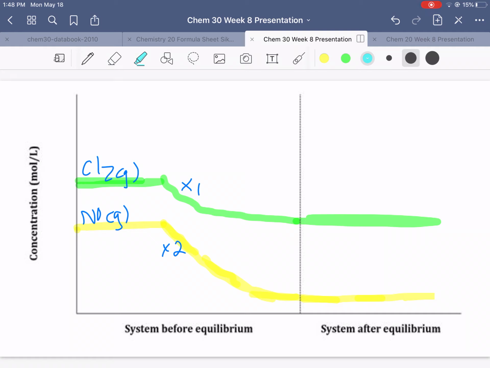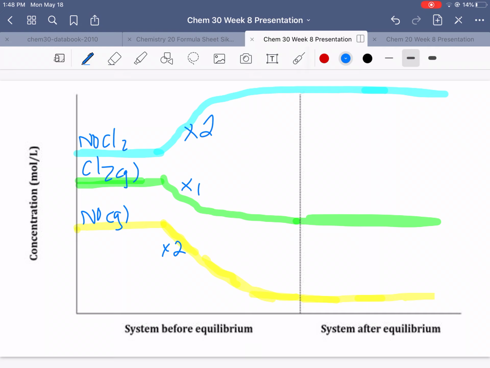So it starts at a concentration and then goes up by a factor of 2. Oops, it disappeared on me. There we go. Until it hits equilibrium where it's nice and flat. So times 2 going up, NOCl2 gas. There you have it, guys. You've now drawn and learned about how to do your ice tables.